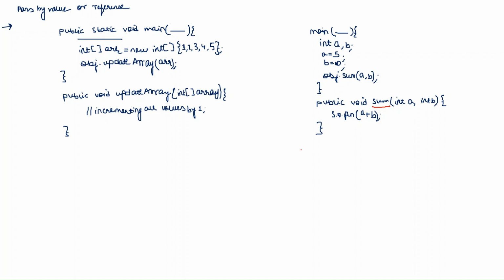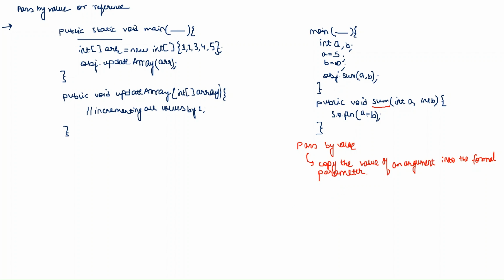So what the compiler does in the case of pass by value is copy the value of an argument into the formal parameter.